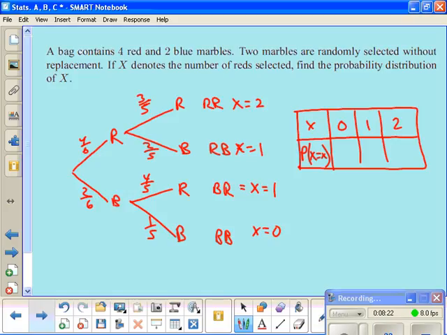So for getting here, 2/6 times 1/5 is 2/30 or 1/15. 2/30, that's the probability of getting 0. Probability of getting 2 would be 12/30 by simply multiplying that times that, and whatever's left, that's 16/30 is left over, because it has to add up to be 1. So that's the probability distribution of that.